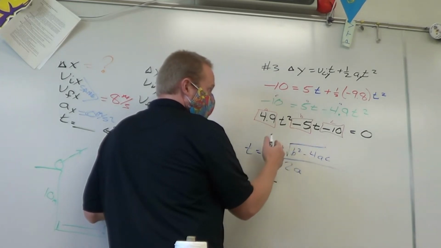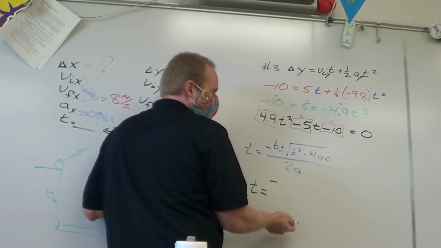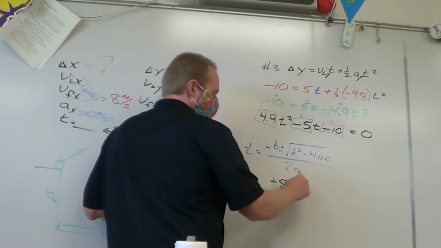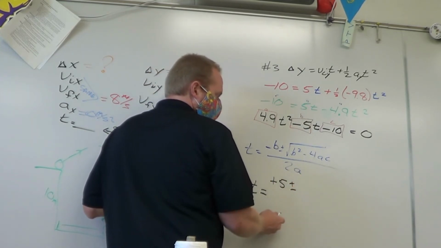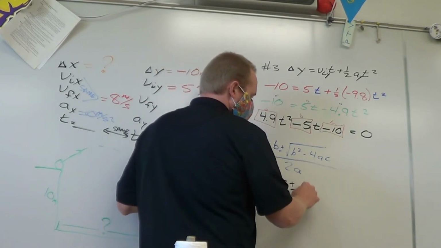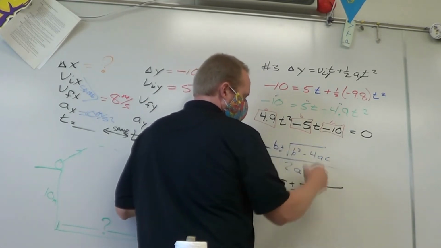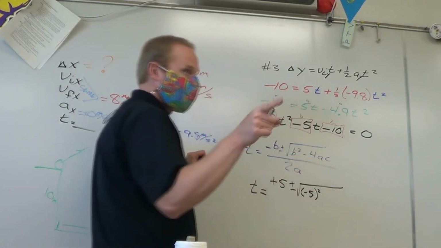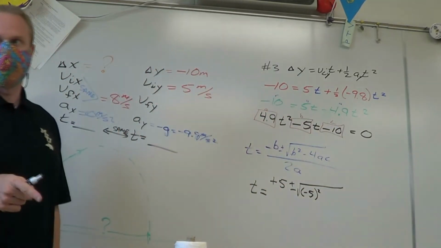So if we plug numbers in, t is equal to the opposite of b. So b is -5, so the opposite of -5 is a positive 5. Plus or minus the square root of b, which is -5 squared. Remember, that's positive. Your calculators will probably screw that up.